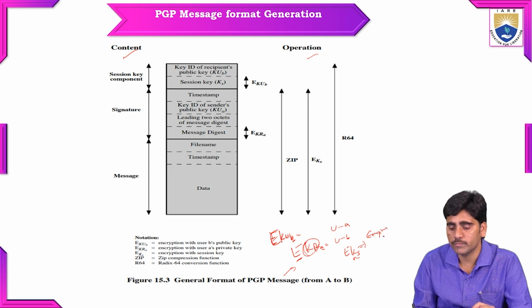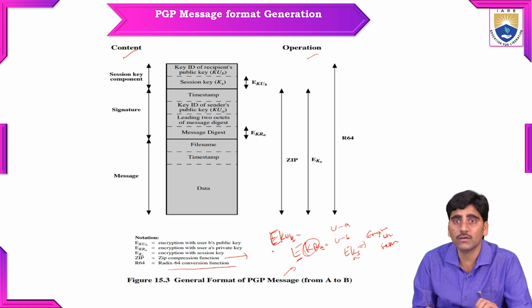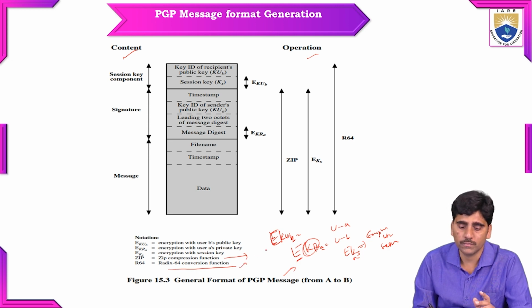ZIP is the compression function to reduce the length of the message to a convenient size. And R64 is the radix-64 conversion function, used for dividing a large message into a number of blocks.